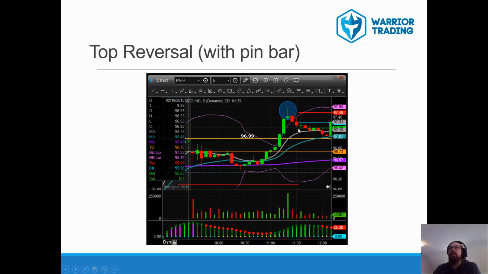My target is the 9 moving average. So this right here is 97.40, 97.45, or right around 97.40. The 9 moving average is at 97.15. So you've got a 20-cent profit target, use a 10, 15-cent stop. You could stop over 97.50, over the 50 cents, something like that. This one opened a little higher and then sold off, so you'd be short there, covering on the move back down to the 9.